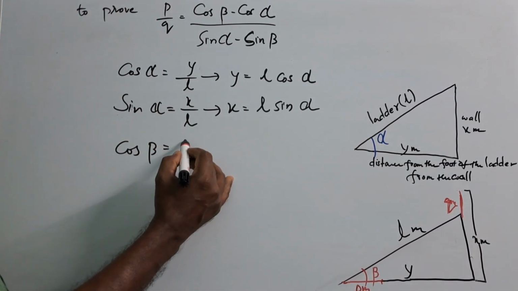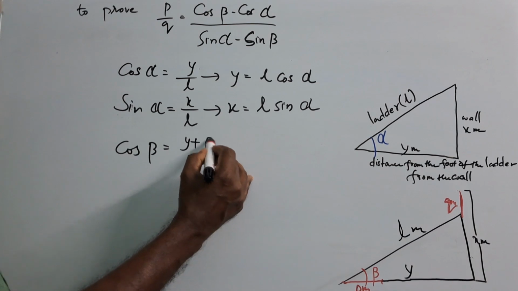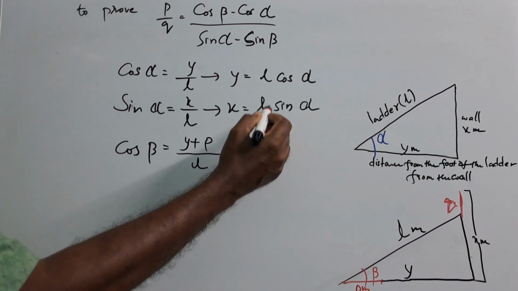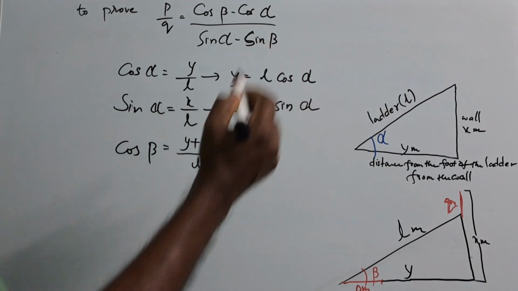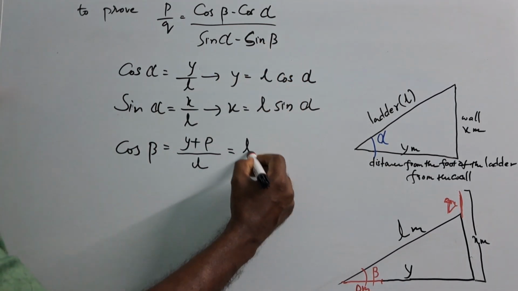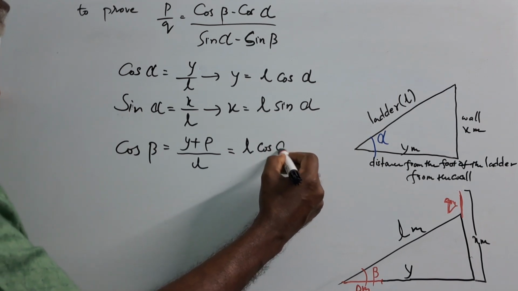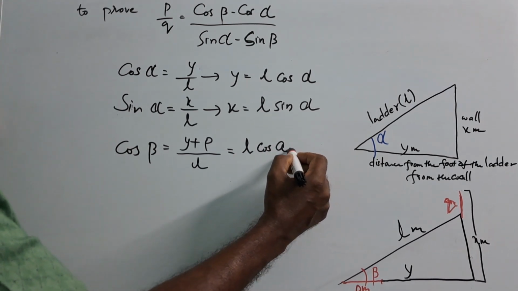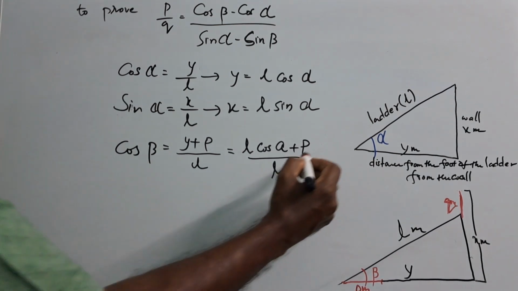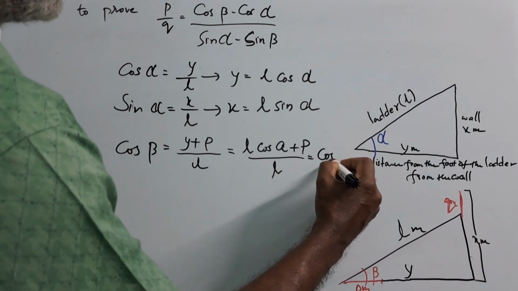Cos beta is equal to y plus p by L, and y is equal to L cos alpha, so L cos alpha plus p by L is equal to cos beta.